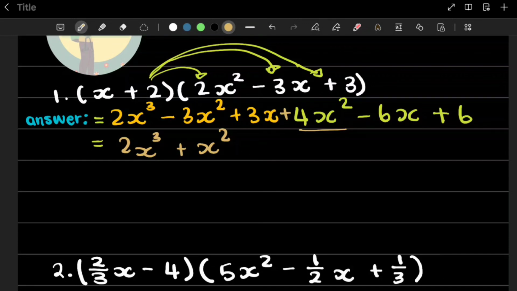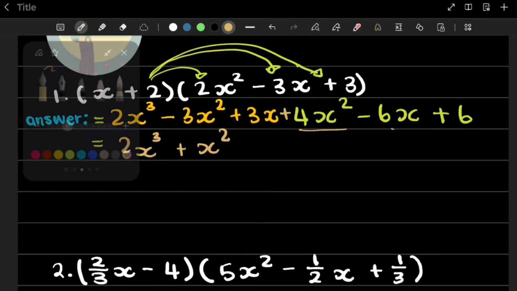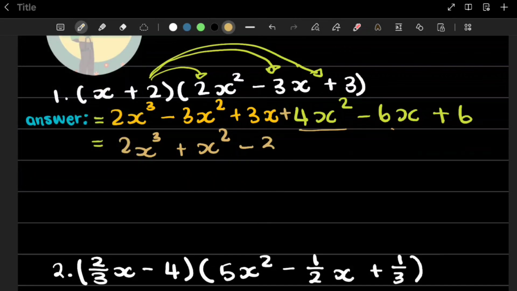Okay. The next term over here is 3x. Is there another x term? Yes, there is. So it's 3x minus 6x, and that will give us minus 3x. And then we've got our constant, which is plus 6.